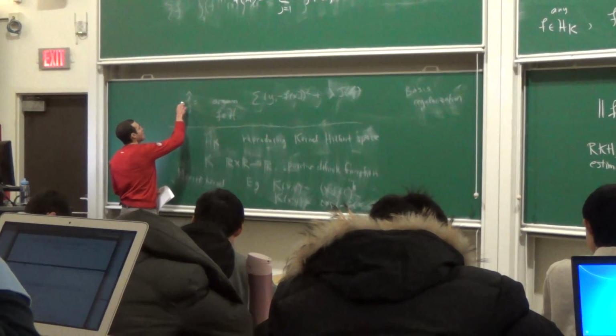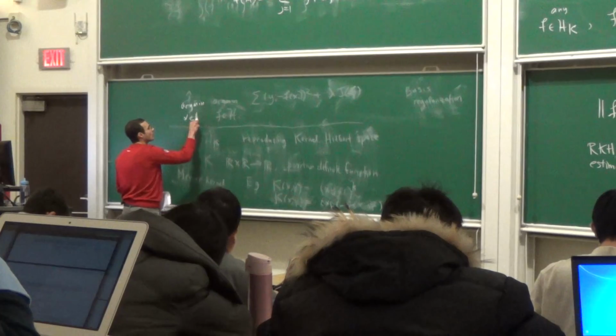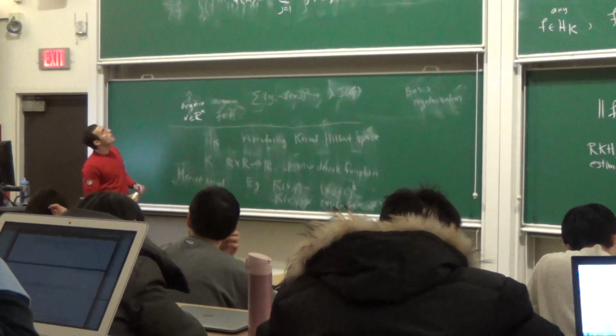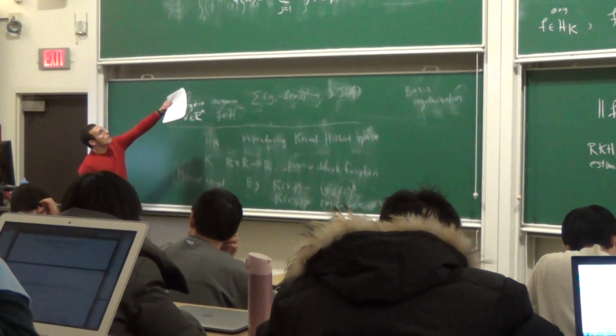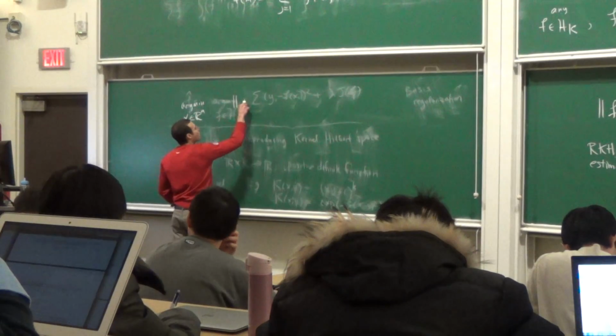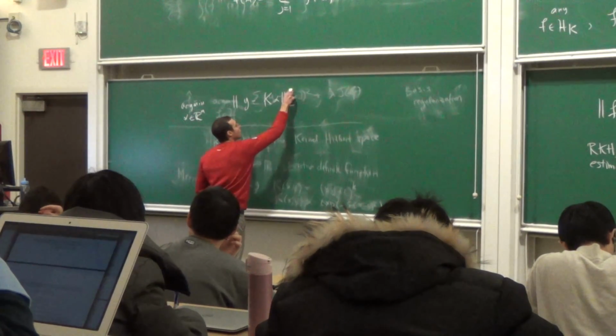So I can rewrite the problem as the argmin over all alpha that are just vectors in R^n, which give me the coefficients of f in this expansion here. And I'll write the first term as the norm of y minus K times alpha, squared.